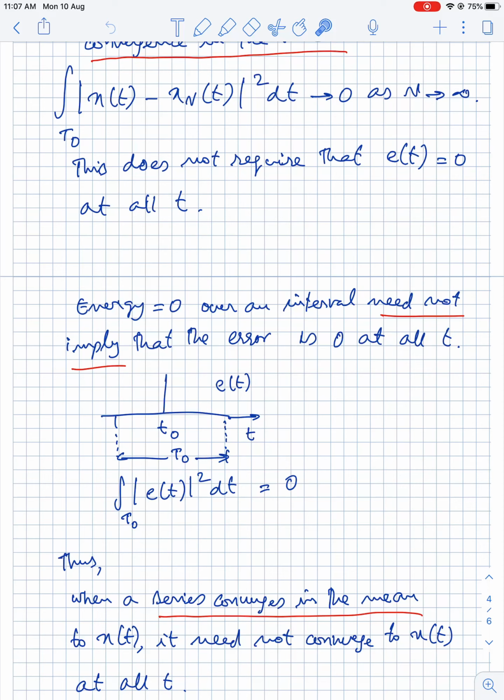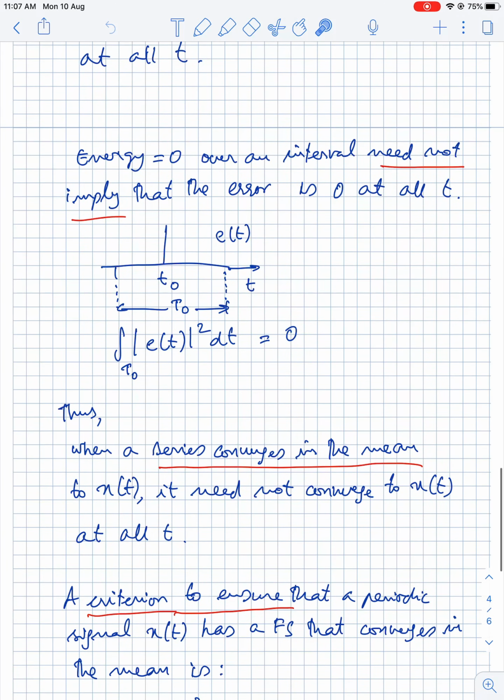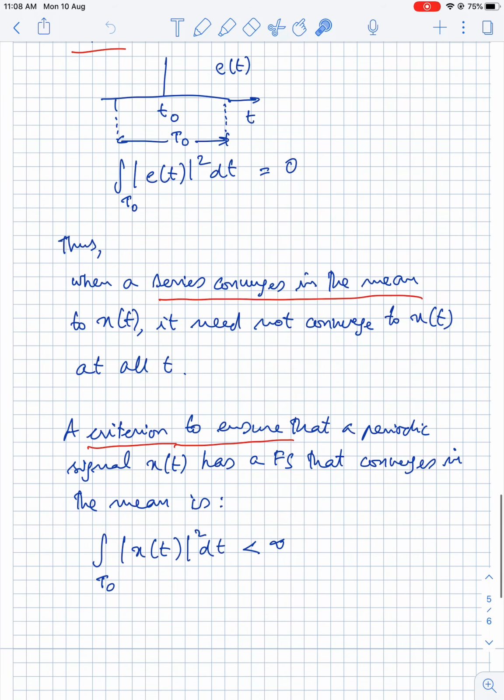The convergence is defined as convergence in the mean, and the error could be non-zero at isolated points. So when a series converges in the mean, it need not converge to x of t at all t. This is the explanation for the Gibbs phenomenon.